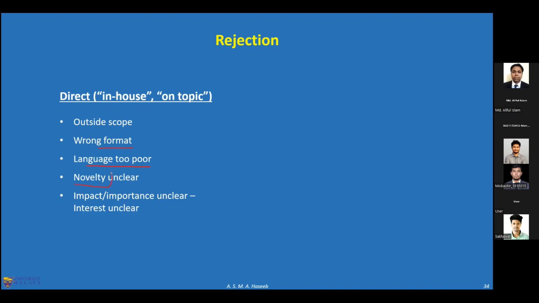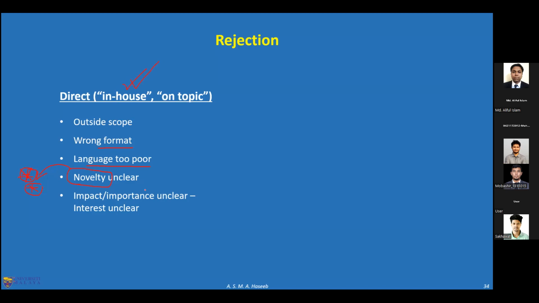If the novelty is not clear, so pay a lot of attention to this. You have to highlight what is new in the introduction. You have to pay much attention while writing your introduction so that the novelty is very, very clear. And you also have to highlight that in the cover letter, because if the novelty is not clear, then the editorial assistant may just tell the editor that I didn't find any novelty, and it's done.